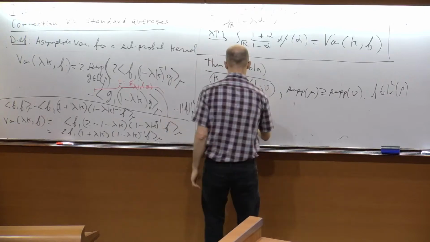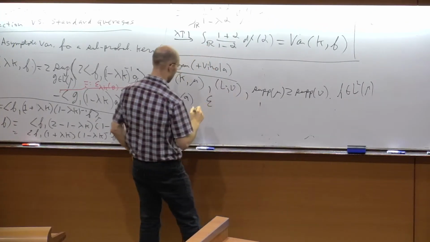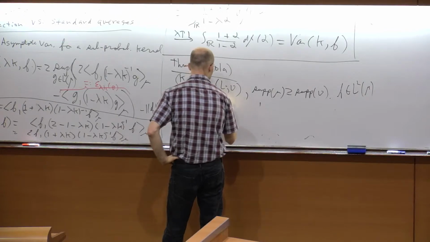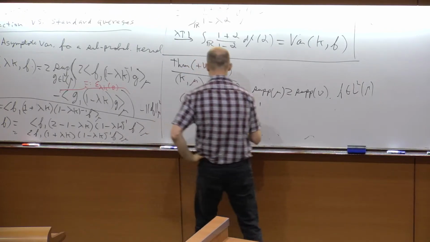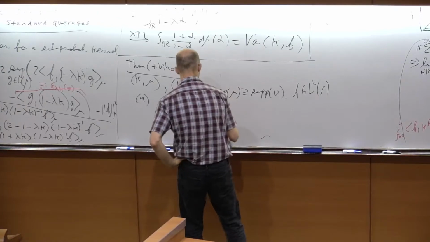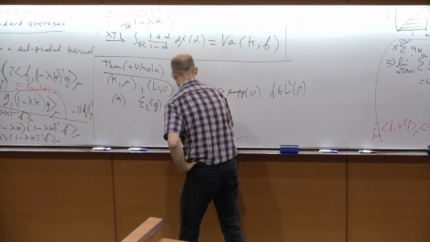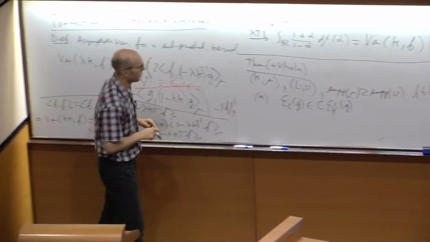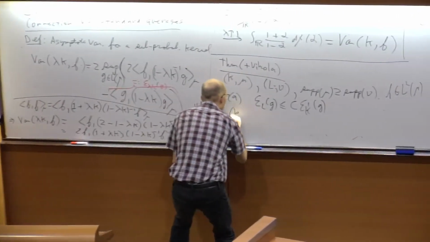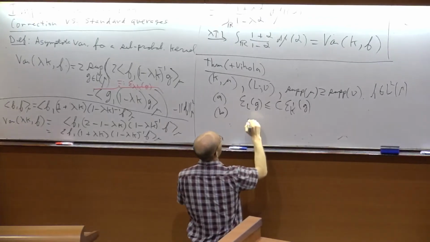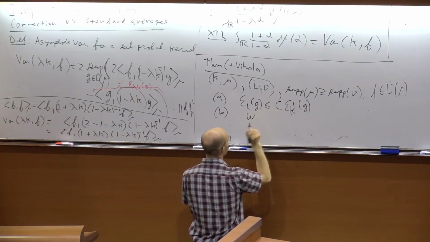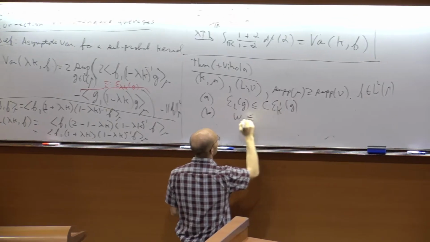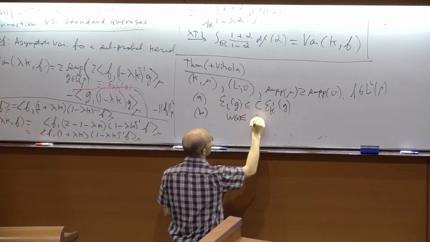So we have the condition that psi of lambda G is less than or equal to some constant C times the Dirichlet form of the K chain. And W, this is the weight, and W of x is uniformly bounded by C.